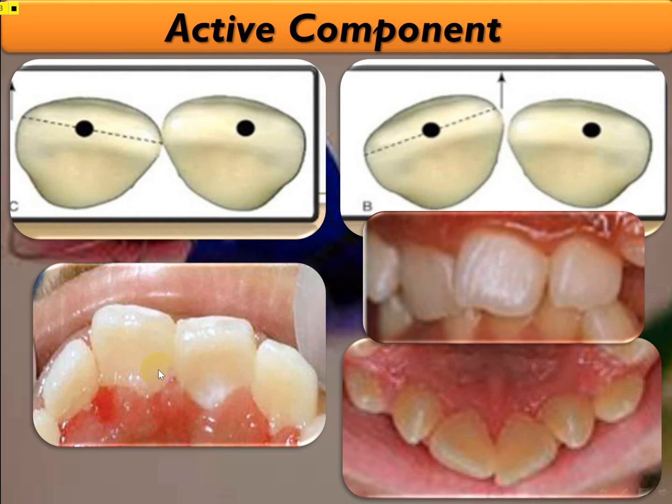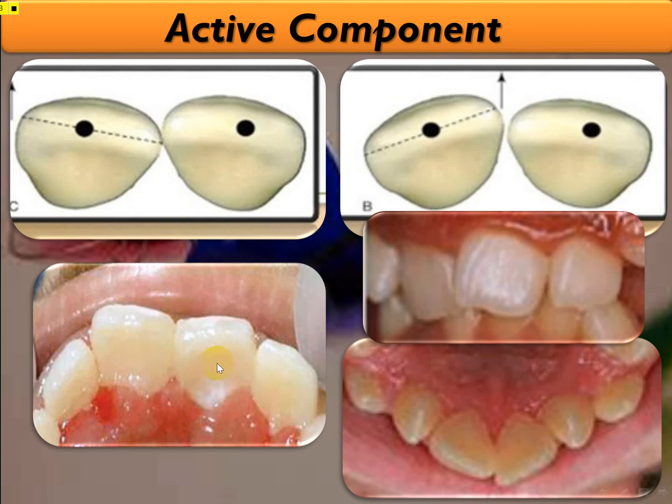In the first one, in order to correct this mesial rotation, I need a recurved spring that will apply a force on the mesial sides of the central incisors, directed labially, and the Hawley arch that comes to touch the distal sides of the central incisors will move this distal side and this distal side in palatal direction.